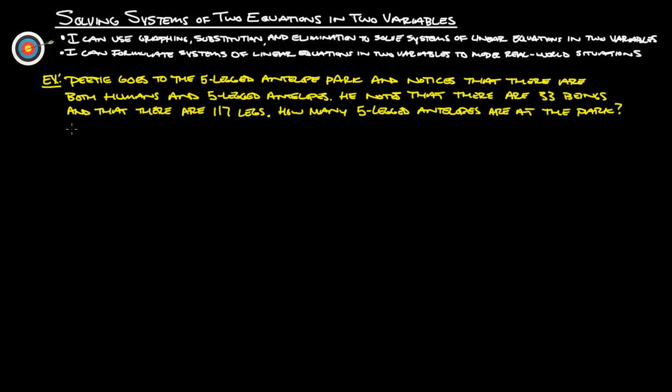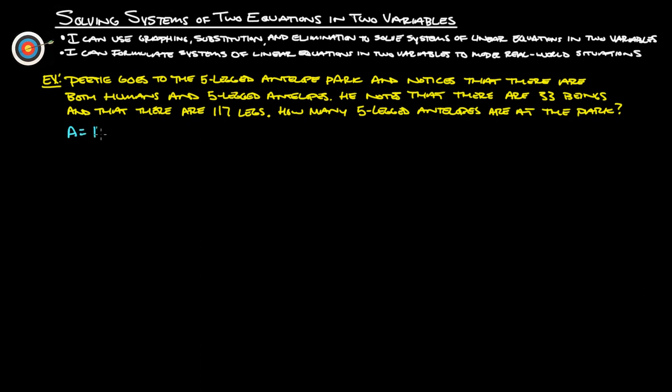So let's do this. First thing that's super important, it makes this a lot easier, is we're going to set up our variables. Sorry, we've got antelopes and humans. Let's do that, that makes more sense.